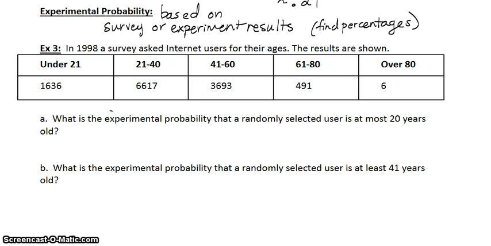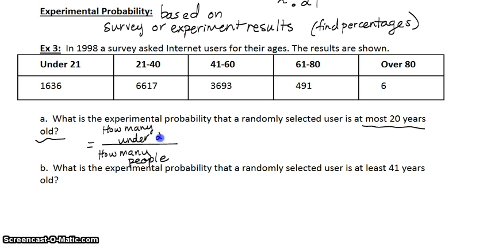Look at this table. I got a 1998 survey asking internet users for their ages, and the results are shown below. It'd be really interesting if I could get some more current data, but there we are. Part A, what is the experimental probability that a randomly selected user is at most 20 years old? So if I want to figure this out, I want to know how many people total took the survey, and then how many are under 21, because at most would be 20 or younger.